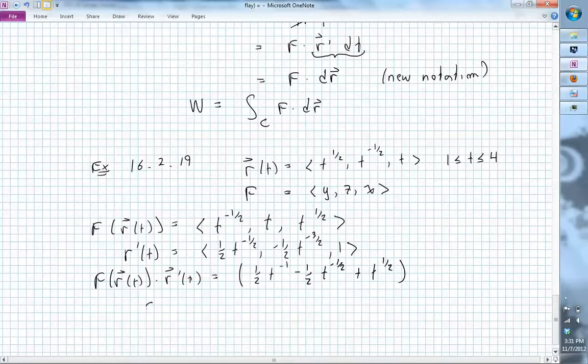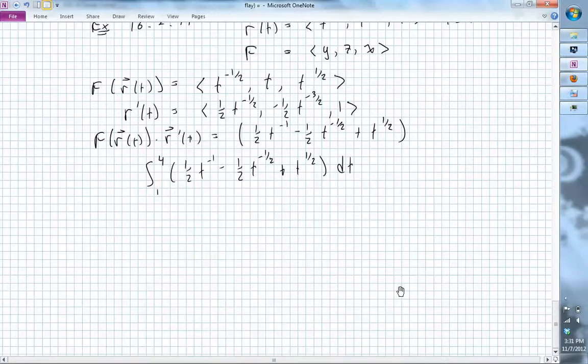Now we're ready. Integral from 1 to 4, 1/2 t to the minus 1 minus 1/2 t to the minus 1/2 plus t to the 1/2 dt. That's just a Calc 2 integral, or a Calc 2 problem.